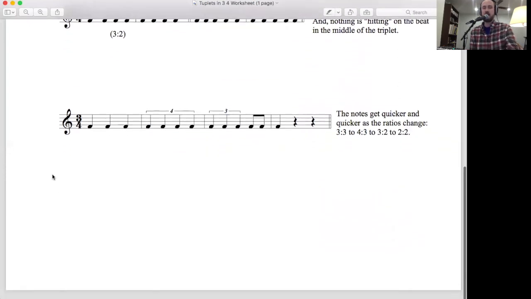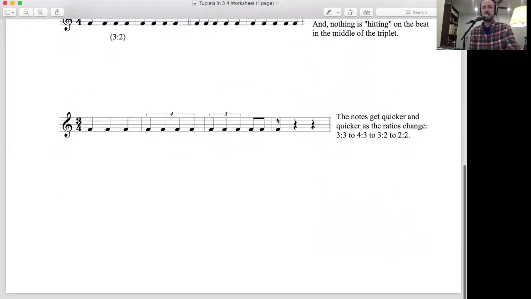The interesting thing that we can find here, though, is by putting some of these together, particularly the 4 in 3 and the 3 in 2, we actually get this nice, neat cascade where the note values we can just make incrementally smaller and smaller.